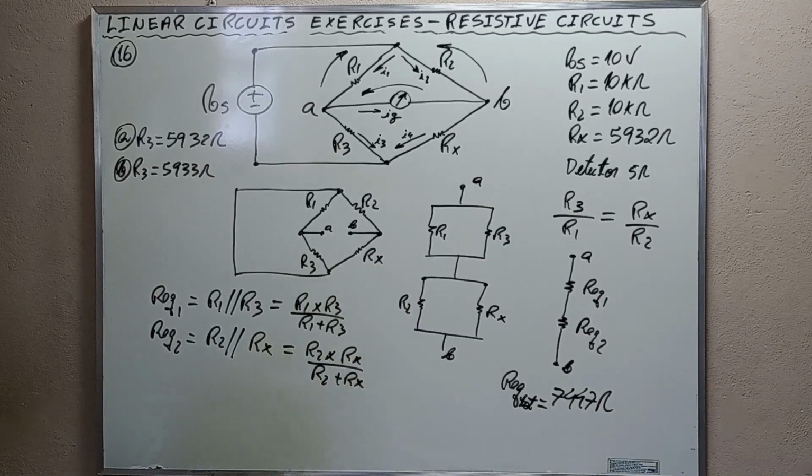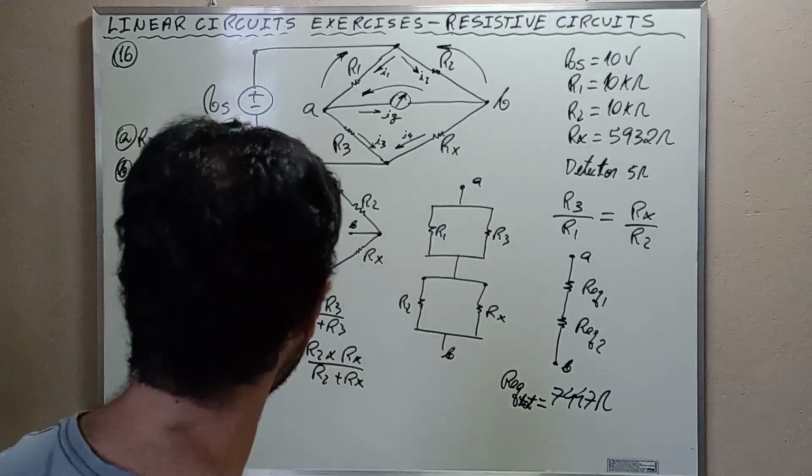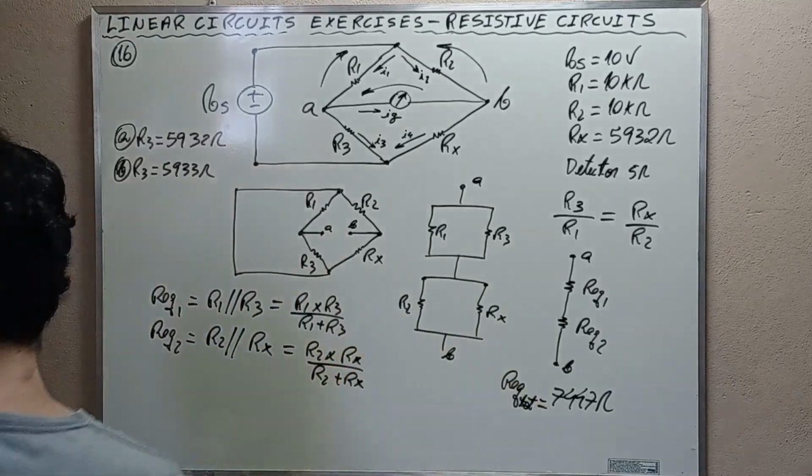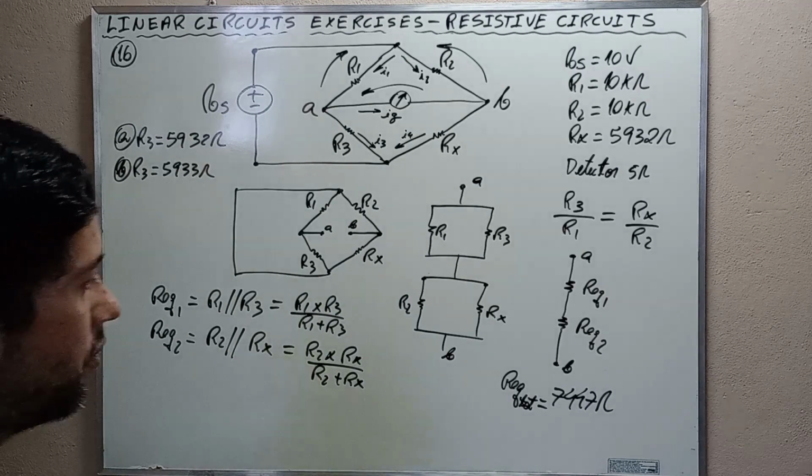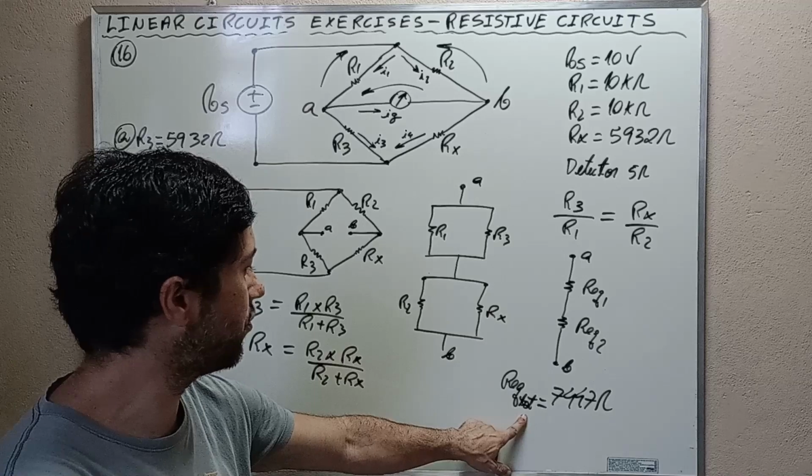Okay, my friends, this is the total equivalent resistance. The open circuit voltage is calculated as follows. We are going to calculate the open circuit voltage here. Let me erase here if you already understood how we calculate the total equivalent resistance.